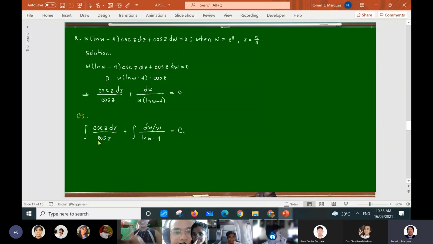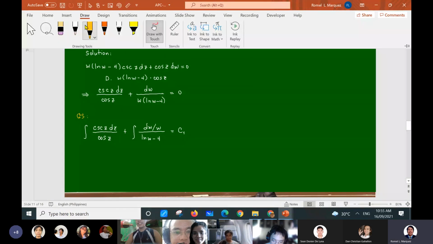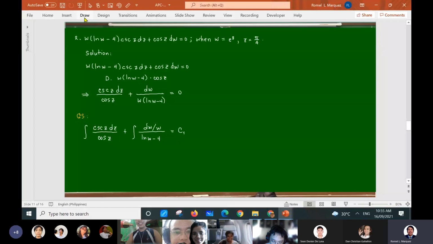How do we evaluate the first term? Any suggestion, children? Guys, multiply both the numerator and denominator by what, guys? What is the multiplier so that it will become ready for integration?